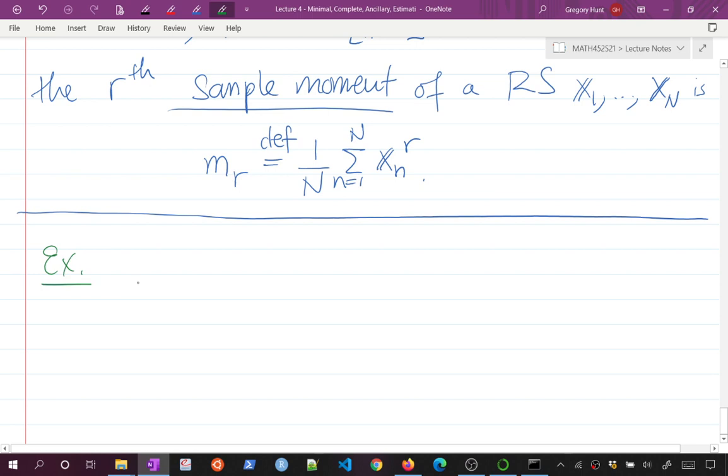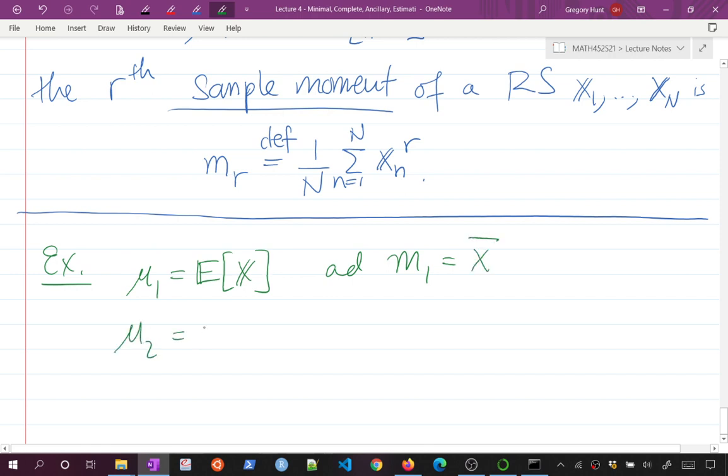So the first moment of a distribution is called mu1, and the first sample moment is basically x bar.